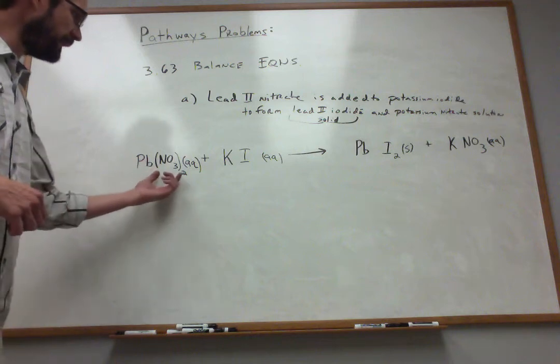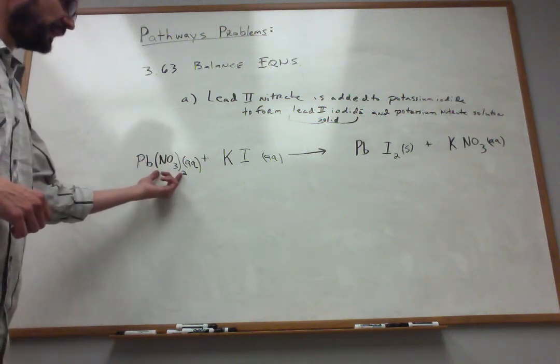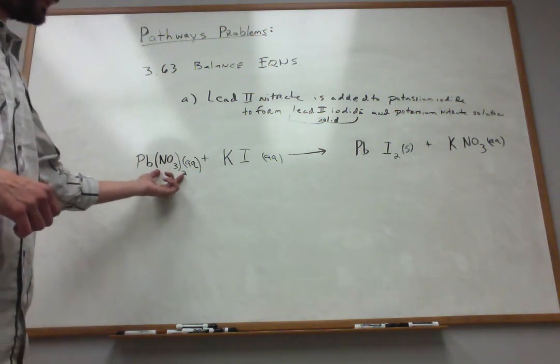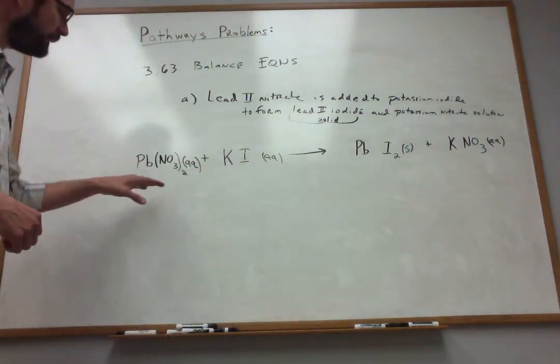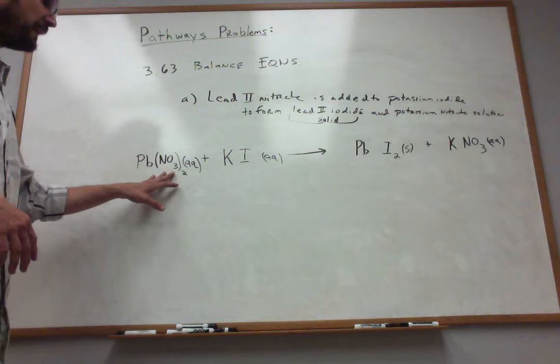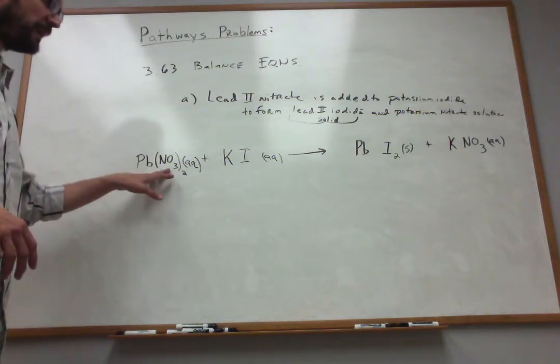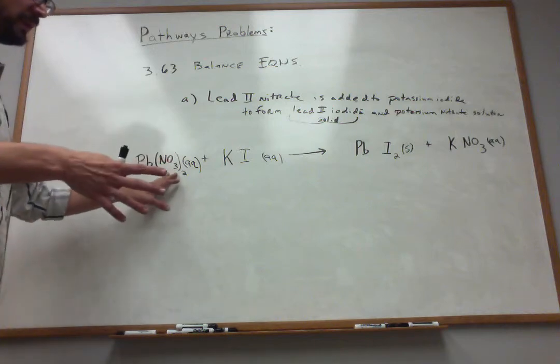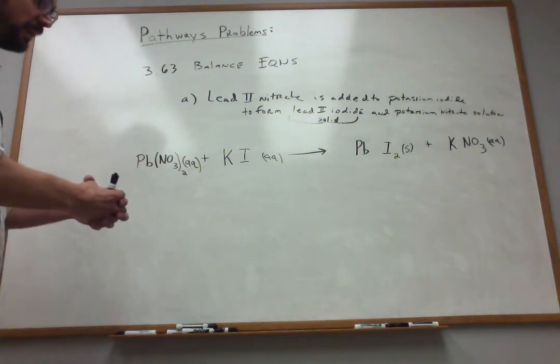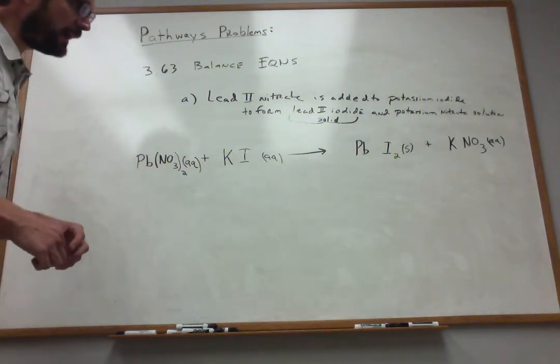So one that sort of sticks out to me is this nitrate. The nitrate doesn't really change from the left to the right. Now, in some reactions it may change. Maybe it's oxidized or reduced. Something changes with the polyatomic ion. But here it doesn't. So I've got nitrate before, I've got nitrate after. I can almost treat that as a clump of atoms bonded together as a group.